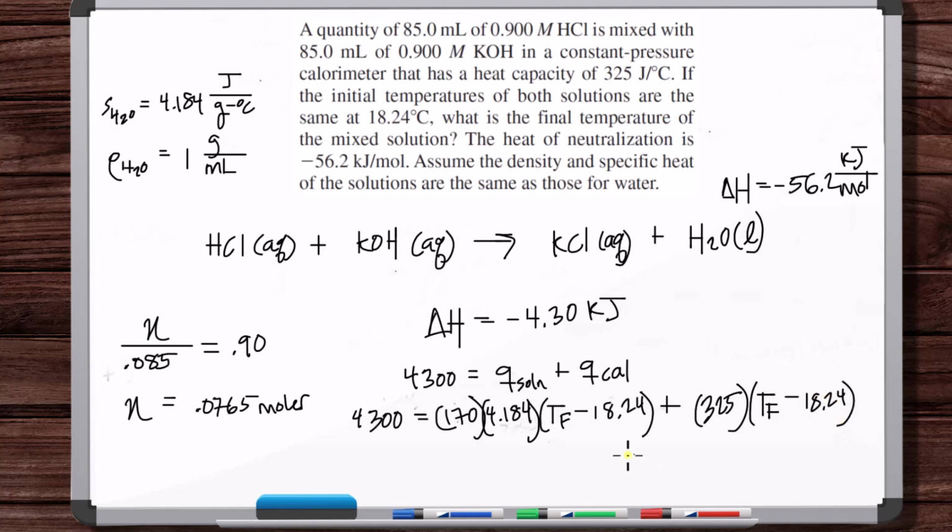I find this a little confusing because what if your solutions started with a different temperature than the calorimeter? I guess they're just saying that they've both been sitting in the lab, the calorimeter and the solutions. They've come to the temperature of the lab, and that's what you're starting at. But to me, they need to be more specific. But it does make sense that both of the T finals are going to be the same, right? That's what we just talked about in the previous problem.